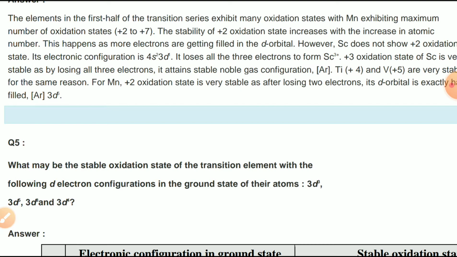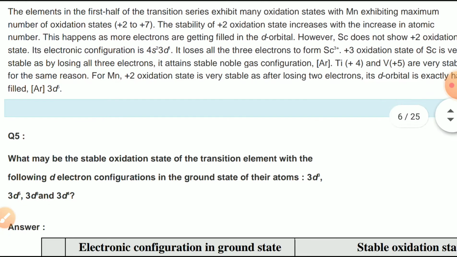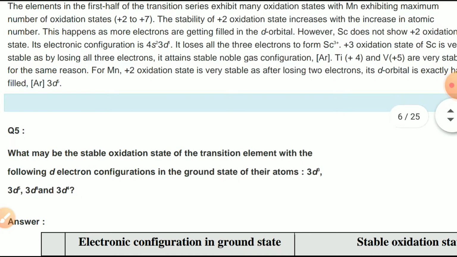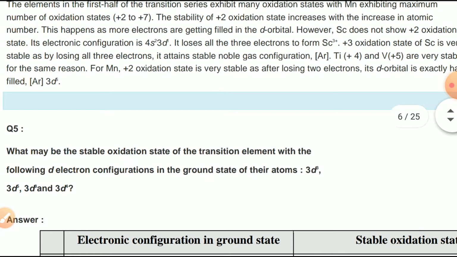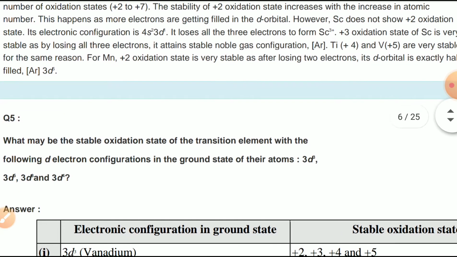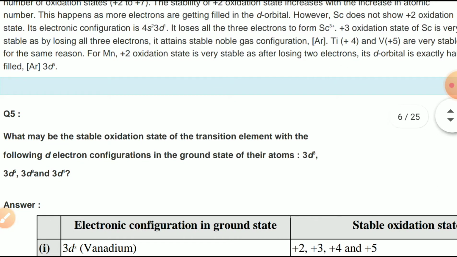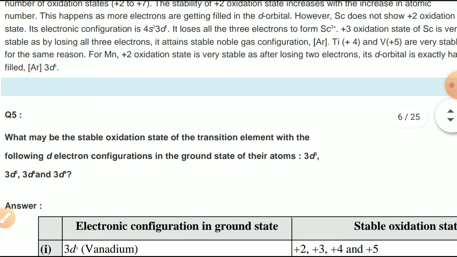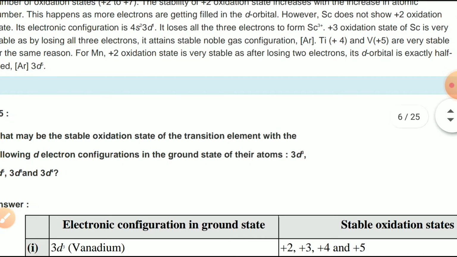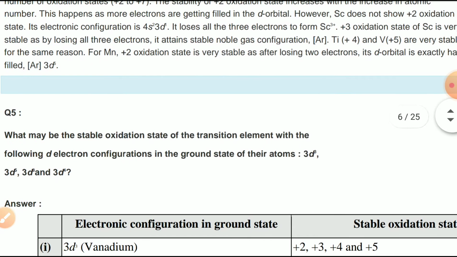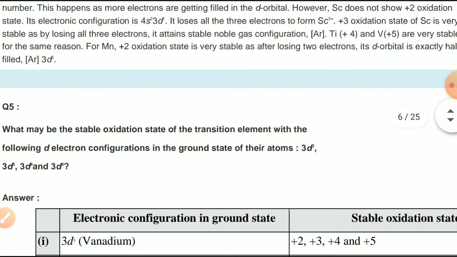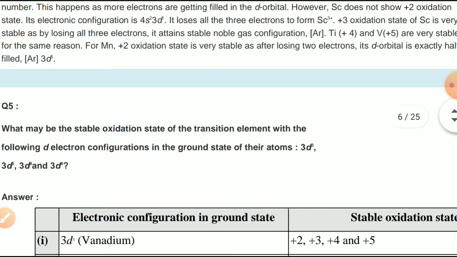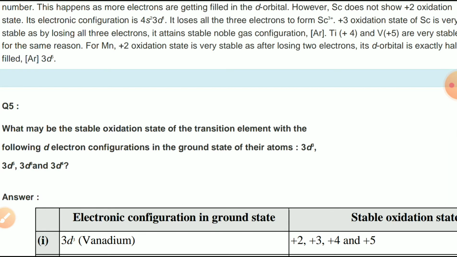However, scandium does not show the +2 oxidation state. Its electronic configuration is 3d1 4s2. It loses all 3 electrons to form Sc3+. The +3 oxidation state of scandium is very stable, as by losing all 3 electrons it attains the stable noble gas configuration of argon.